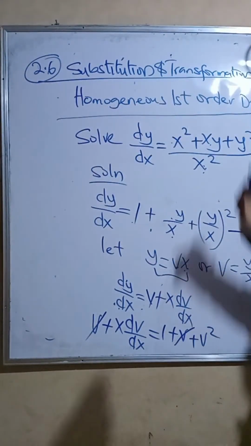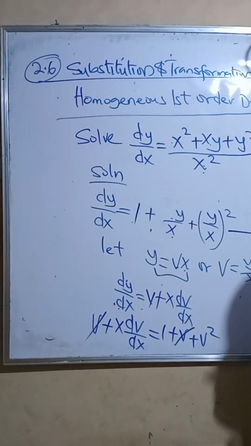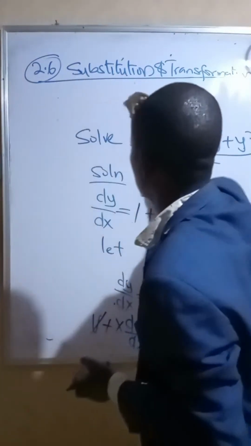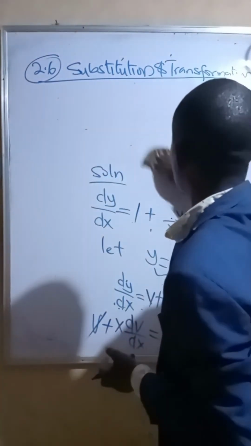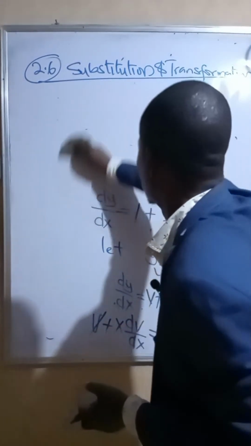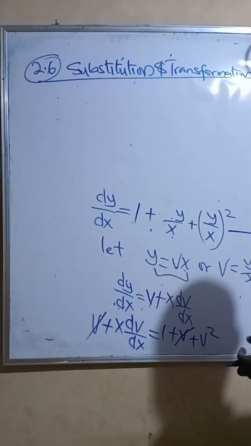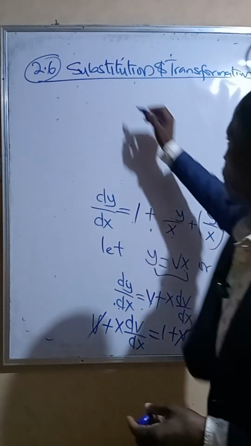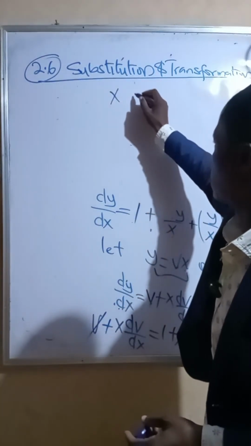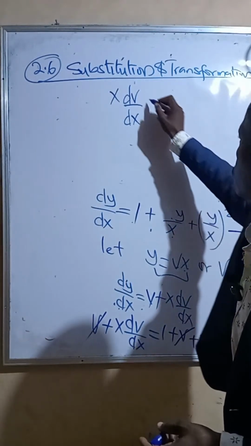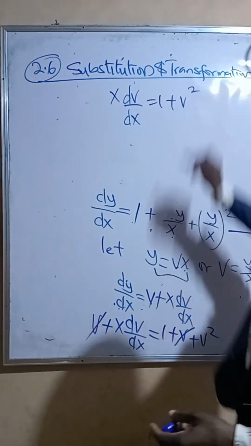You use separation techniques of differential equations to solve it. So we're going to have x dv/dx equal to 1 plus v squared.